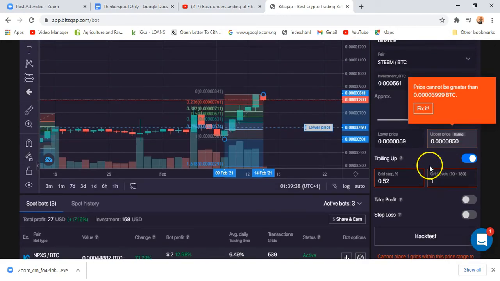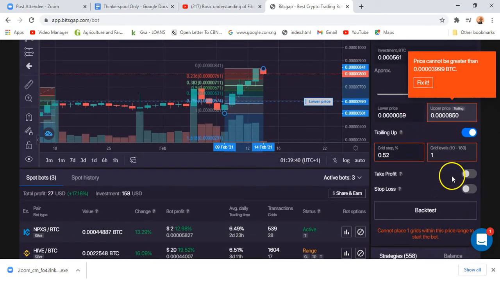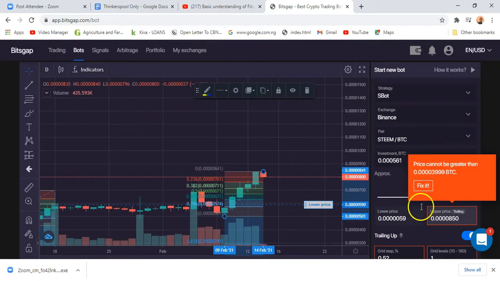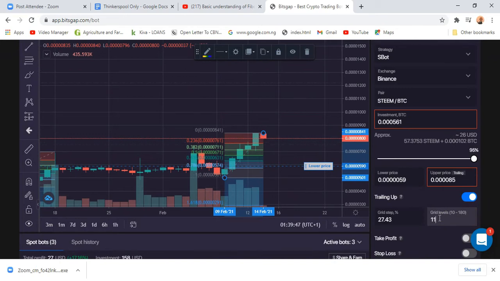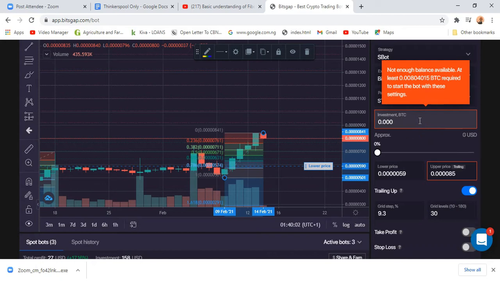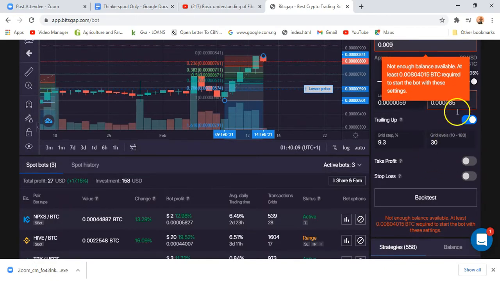So once you do that, the next thing is that you should come here, increase your bot grid to like 10, depending on your trading capital. Okay, you can increase this to like 10 or make it like 30, and invest the number of Bitcoin that you want to invest into it.